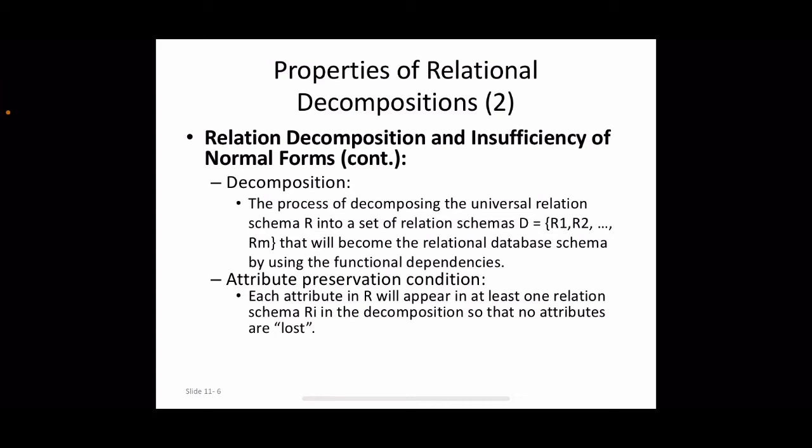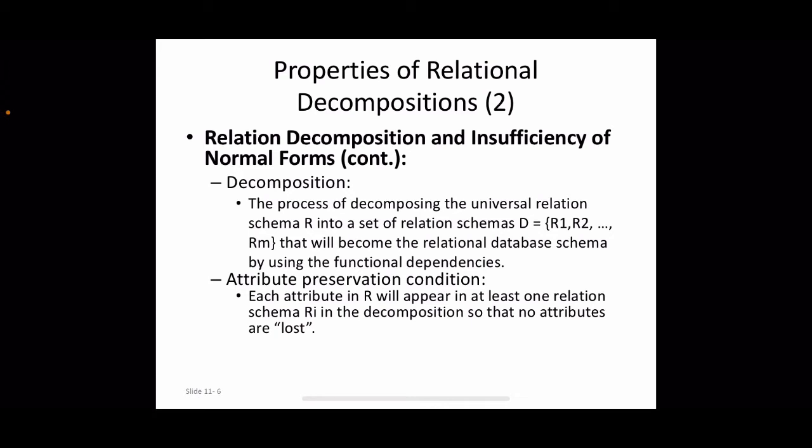And we have a condition, the attribute preservation condition. That means each attribute in R will appear in at least one relation schema Ri in the decomposition, so that no attributes are lost. We have a set of attributes initially as a single relation.